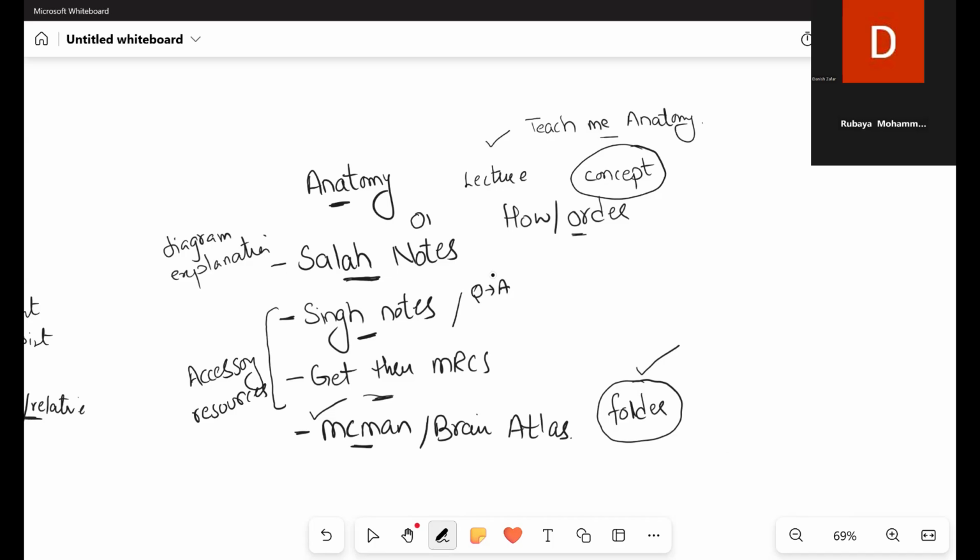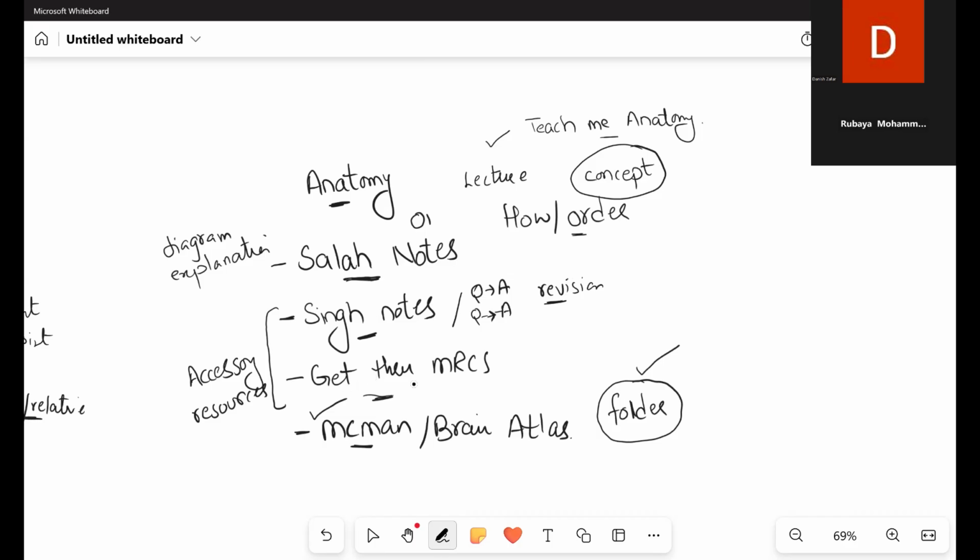There will be no diagram, there will be no explanation, just question and answer, question and answer. So they are very good for your revision. Once you have gone through upper limb, lower limb, head and neck, and you are on call or anywhere else, you don't want to go through the hefty details, you just open the Sing notes and you review your upper limb, lower limb, and just be happy for that day.